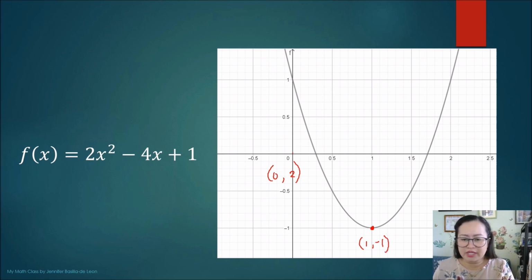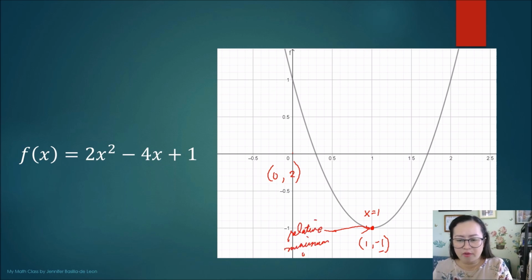So we can conclude that at x equals 1, we can find the relative minimum value of the function, which is negative 1. And we can consider this point as the relative minimum point of the graph. Now let's have another example.